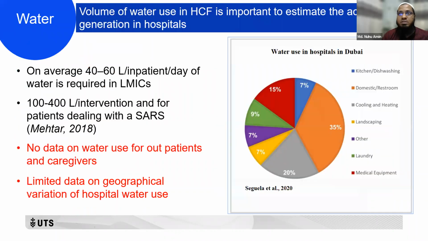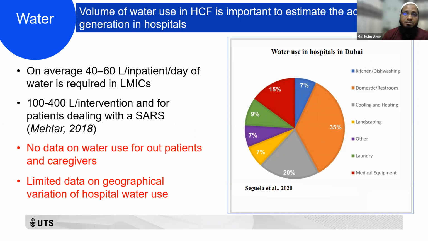So let's talk about water a little bit, because the volume of water generated from the hospital is closely linked with wastewater generation in the hospital. I will discuss this in the later part of the slides. On average, there are 40 to 60 liters of water used in a hospital per patient, and for infectious disease or surgical cases, it's about 100 to 400 liters.